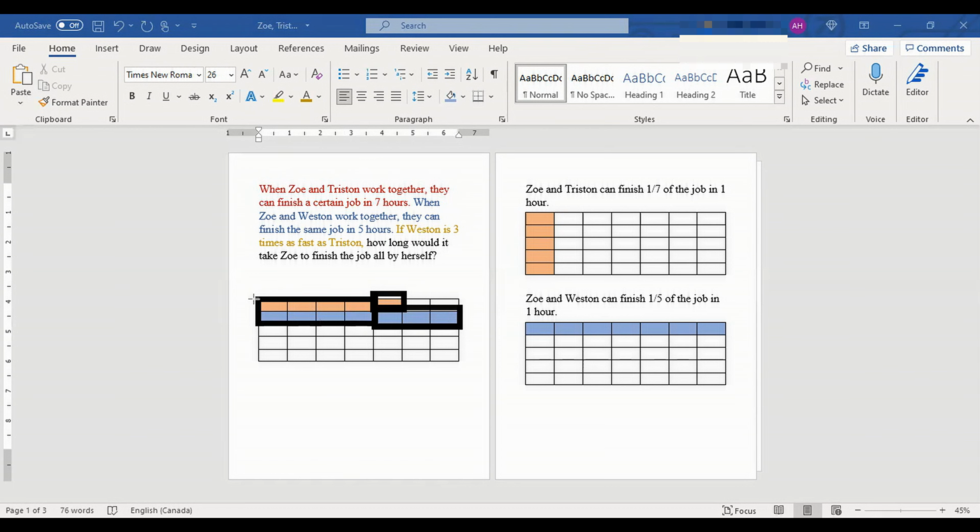Now, as we can see, if Zoe were to do 4 cells per hour, Weston would be able to do 3 cells per hour, and Triston being able to do 1 cell per hour, which makes Weston 3 times as fast as Triston. So now we know Zoe does 4 cells per hour.